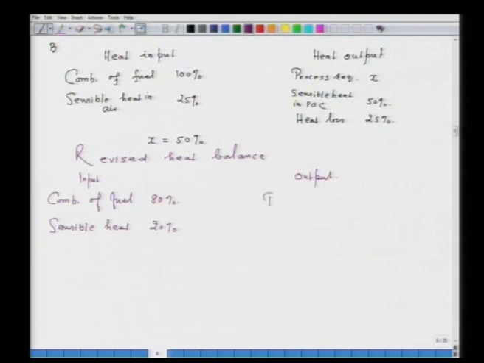Output: process is 40%, sensible heat in POC again 40% and heat loss 20%. I referred them to 100%. So, this becomes 100% and this is also 100%. Now, you note how quickly this problem helps you illustrate the role of a preheater in an installation.